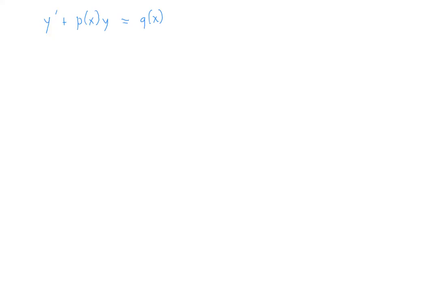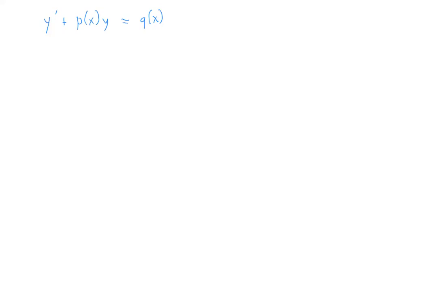And what I'm going to do here is usually called, it has a general naming. There's some general terminology in mathematics. I'm going to multiply by an integrating factor. The idea is that I want to make the left-hand side the derivative of something.